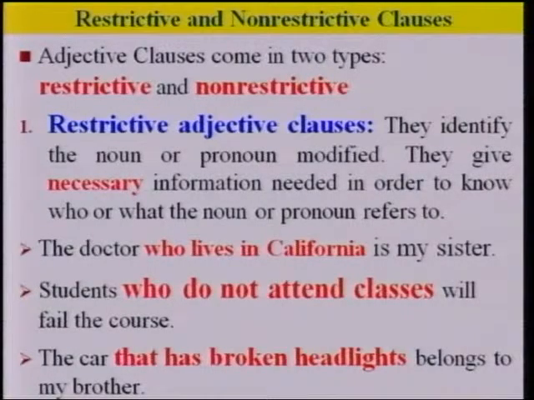Now this is necessary information. This is defining or restrictive information. This is necessary information to define the doctor. Alright? So when I say necessary information, this is information without which I cannot understand the meaning, or I don't know who the doctor is. Okay, just imagine removing this, it is not really very clear. So the doctor who lives in California is necessary information.